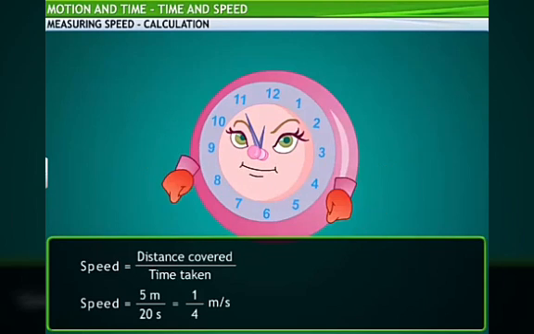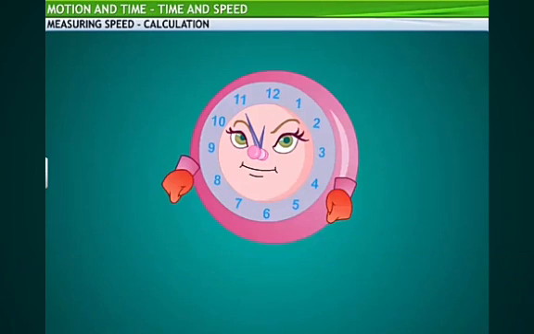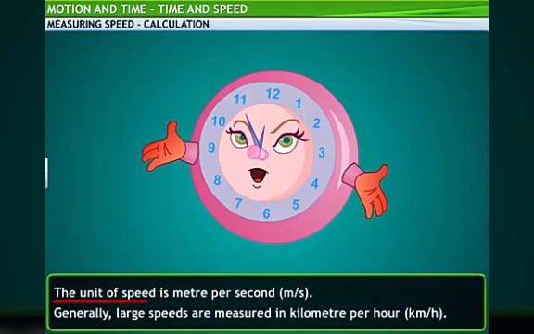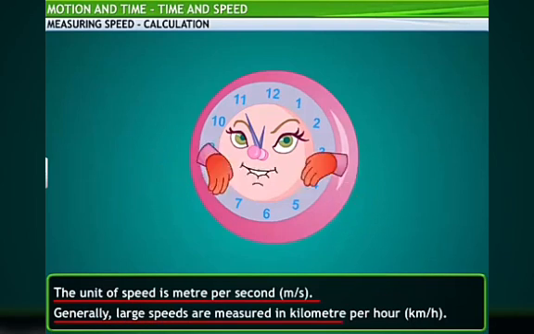Therefore, the speed of the toy is 1/4 meter per second. The basic unit of speed is meter per second. However, generally, large speeds are measured in kilometer per hour.